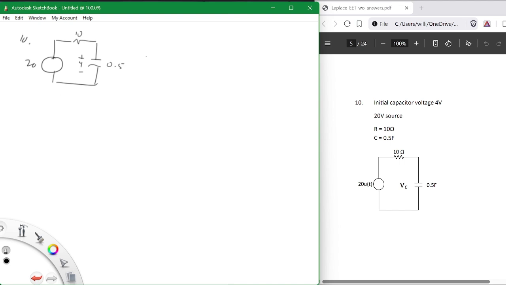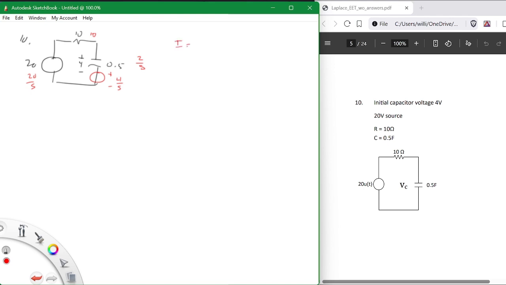Well, you basically say 20 over S down here, 10 up there, and this would be what? 2 over S, and then I have a voltage supply here of plus to minus of 4 over S.